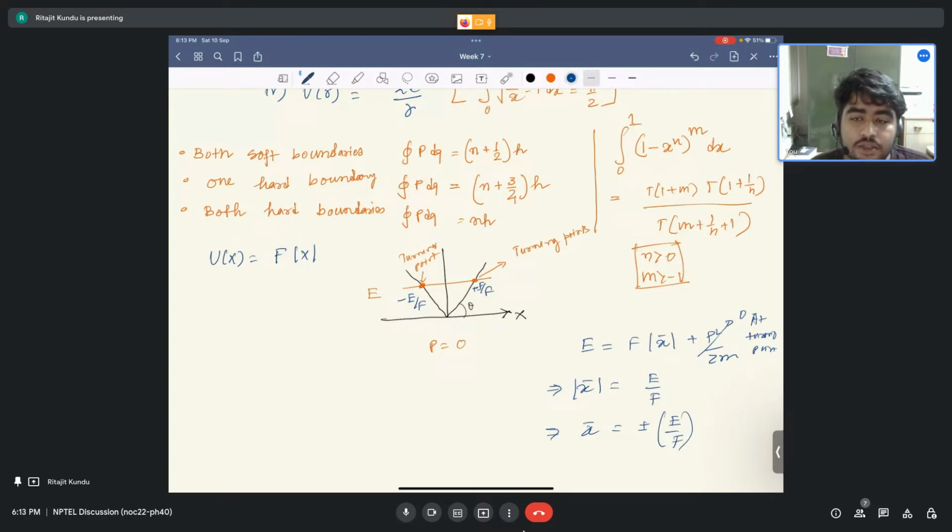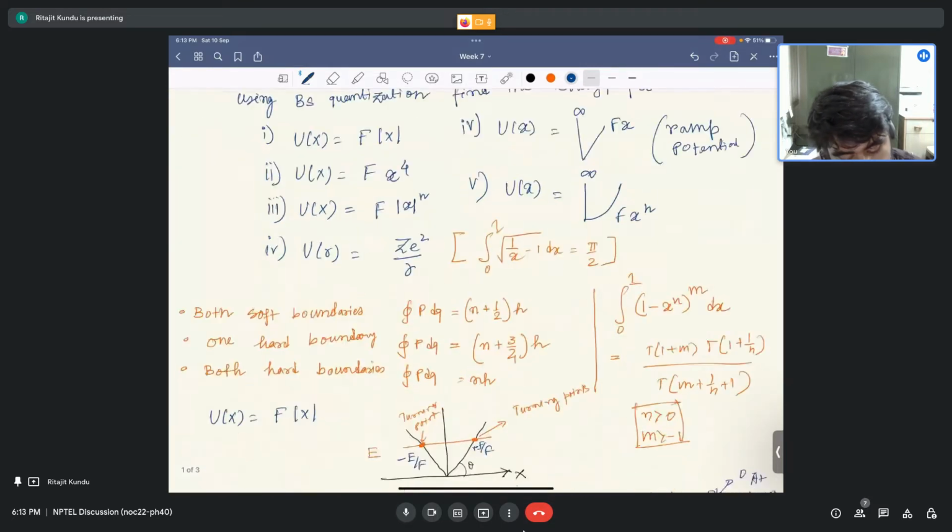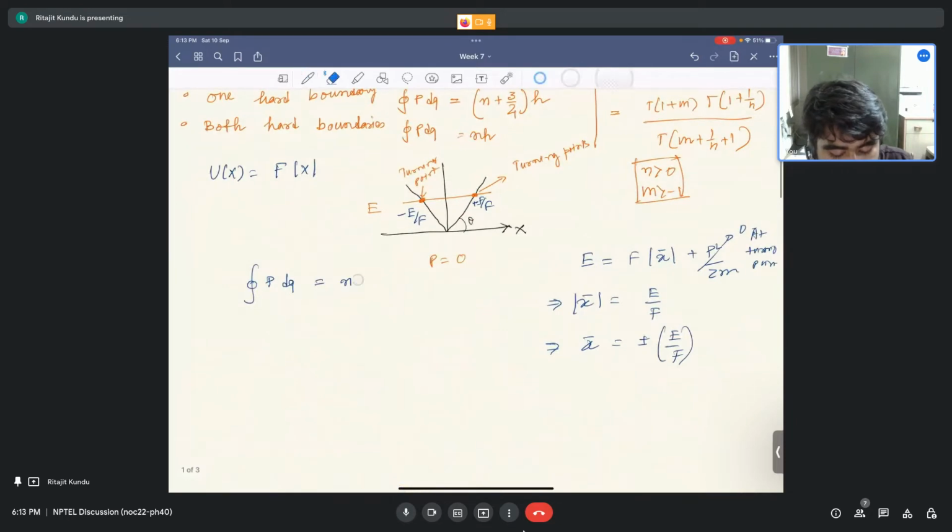Okay, now let's look at that integration. So p dq, and there is something like this, which means that I have to go back and forth between these turning points, and then only I'll be able to get n times h, right? I guess, yeah, that is correct. Okay, so I'll have another half, so n plus half h. Okay, so now let's try to write this integral with proper limits.